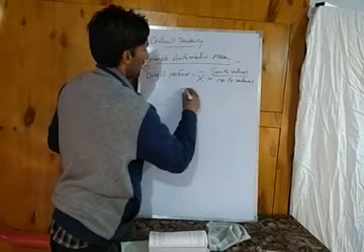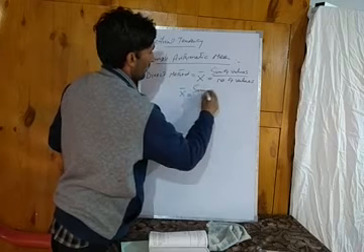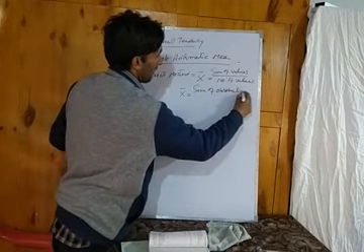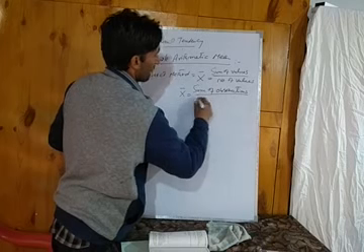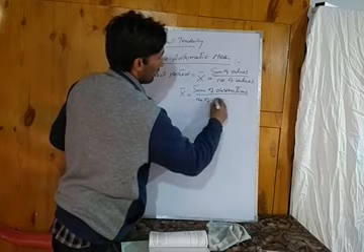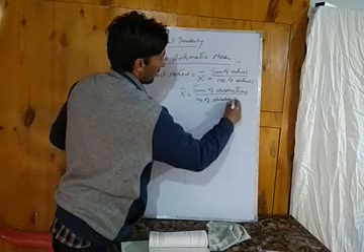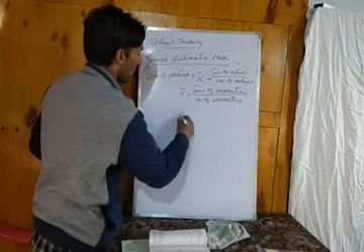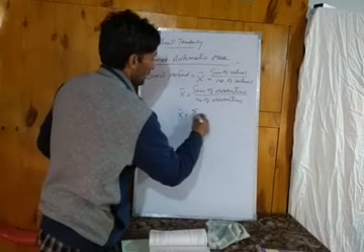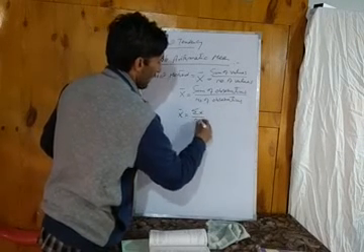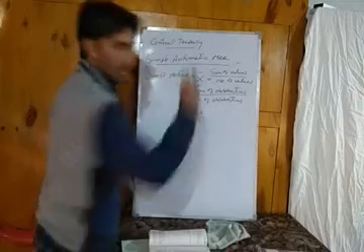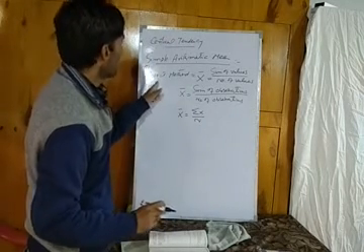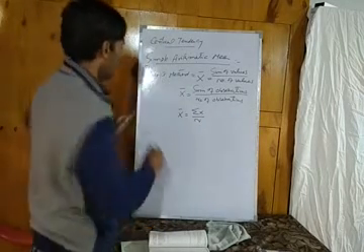Or we sometimes say sum of observations divided by number of observations, or x bar is equal to summation of x divided by n. So this is the direct method for calculating the arithmetic mean.